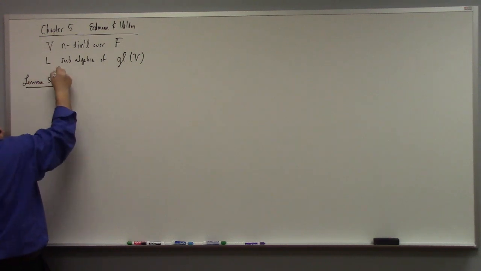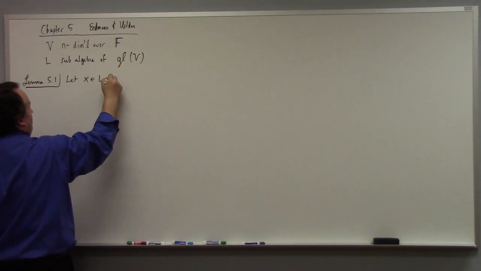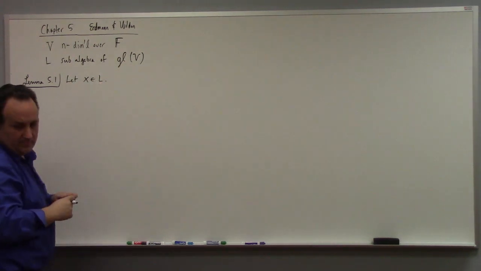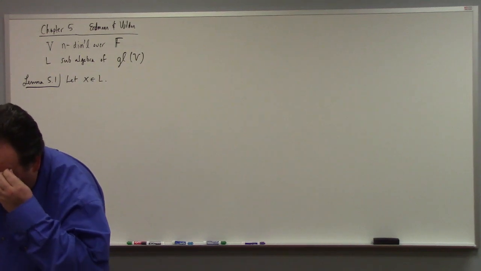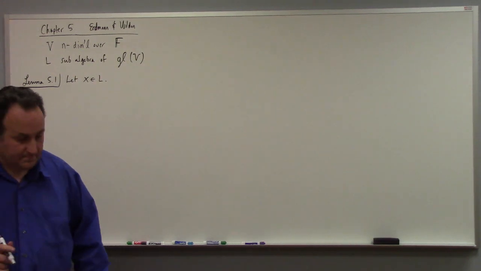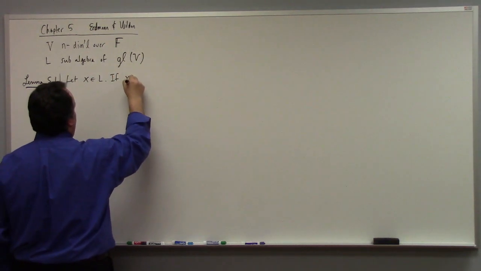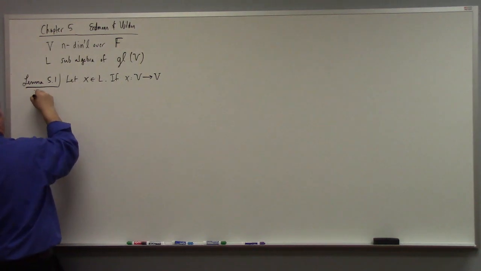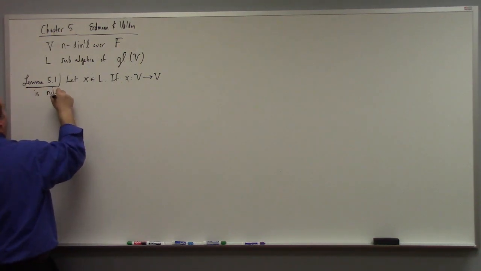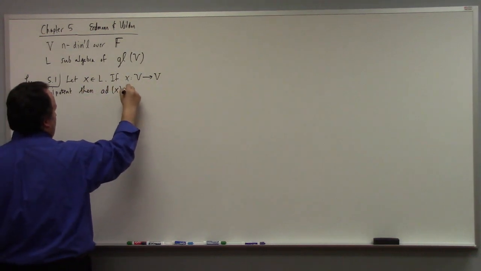Lemma 5.1. Let X be an element of L. If the linear map X from V to V is nilpotent, then ad X is nilpotent.